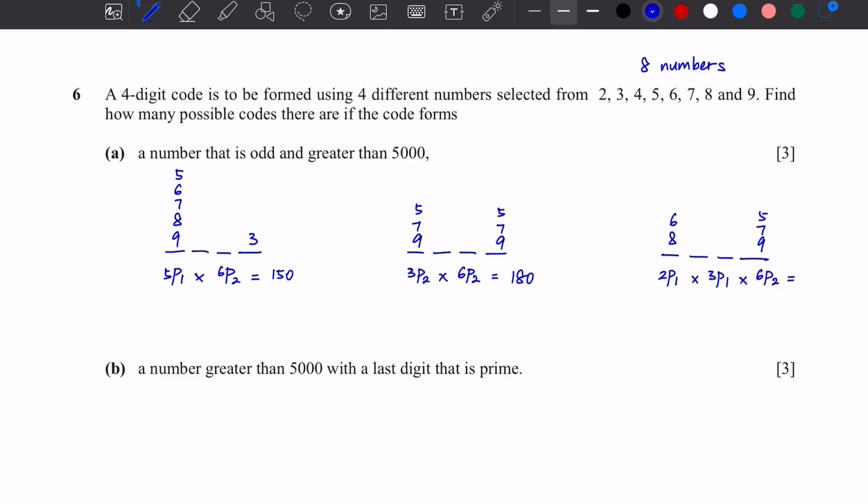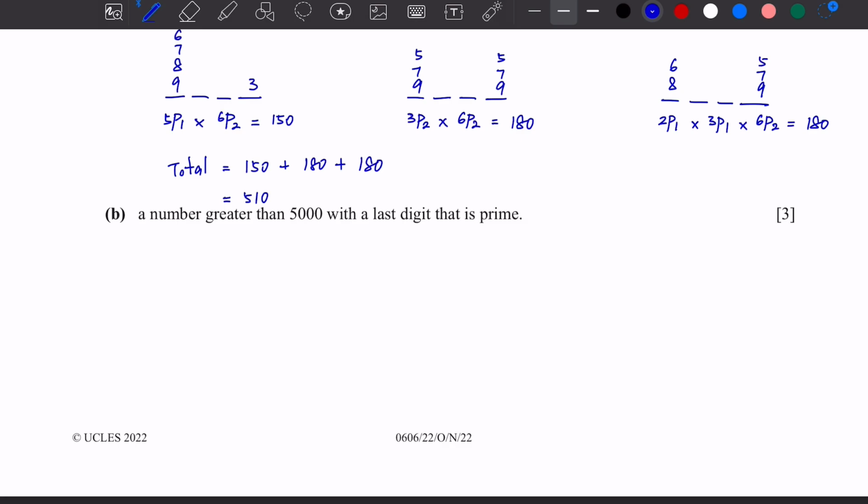And this would give us 180. So in total, we have 150 plus 180 plus 180. And this would give us 510. So in total, we have 510 possible codes for part A.